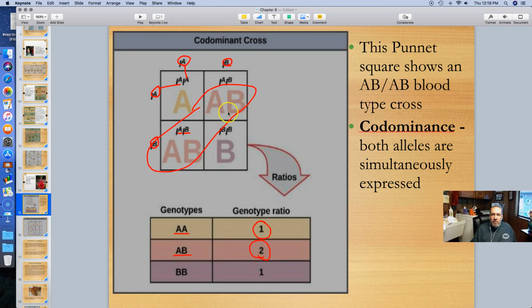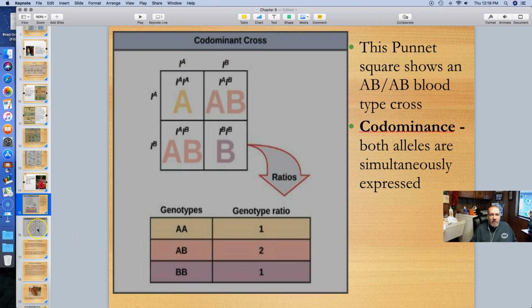And if the offspring got both B alleles, then we call that type B blood, which is also about 1 out of every 4 offspring. So a 1 to 2 to 1 ratio of genotypes A, AB, and B. If you know anything about blood, you know there's basically one more blood type, right? Type O.